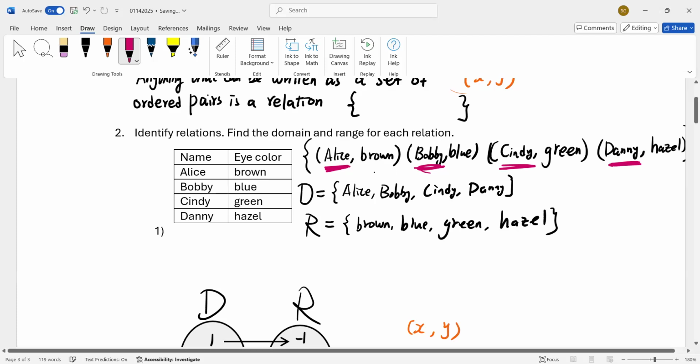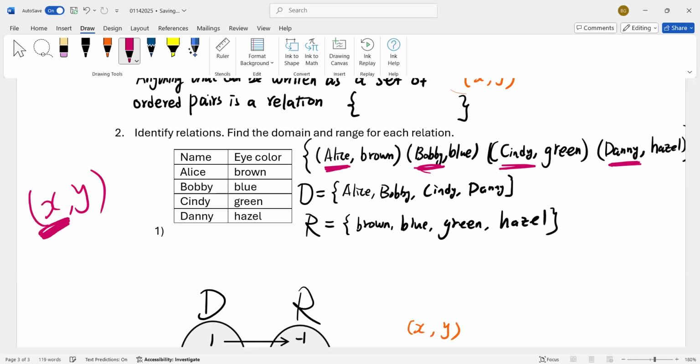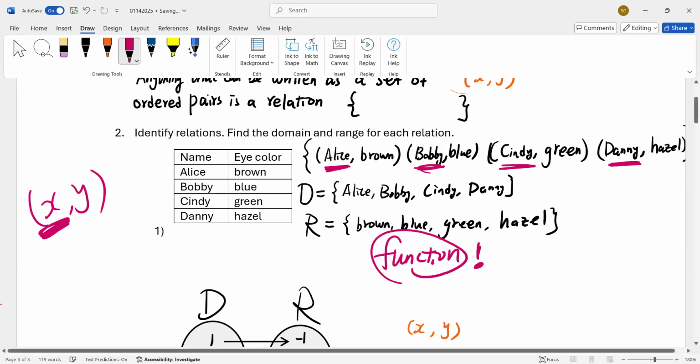So if for each domain element X, this is X, this is Y, if for each X there's only one corresponding Y, meaning no person has two different eye colors, then that is a function. This is a function, because there's no X that has two different Y's.